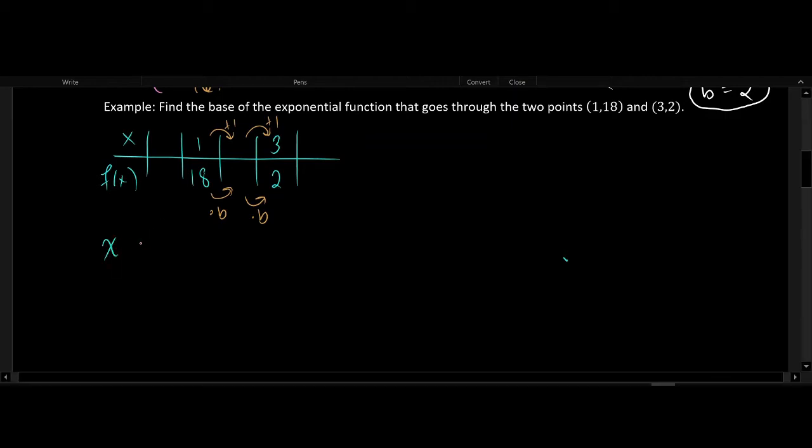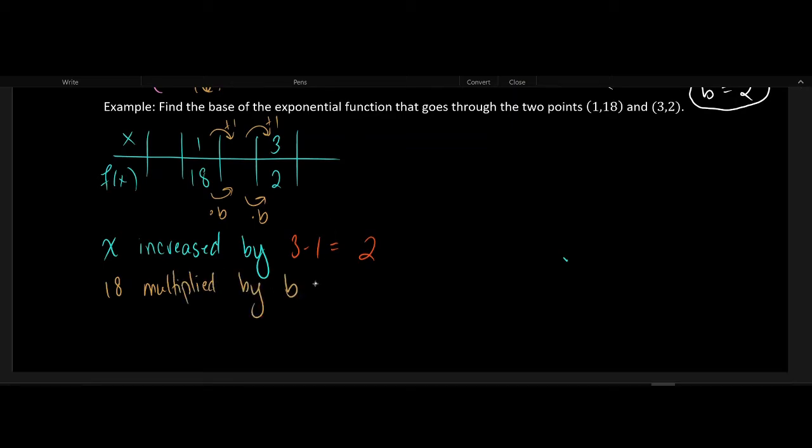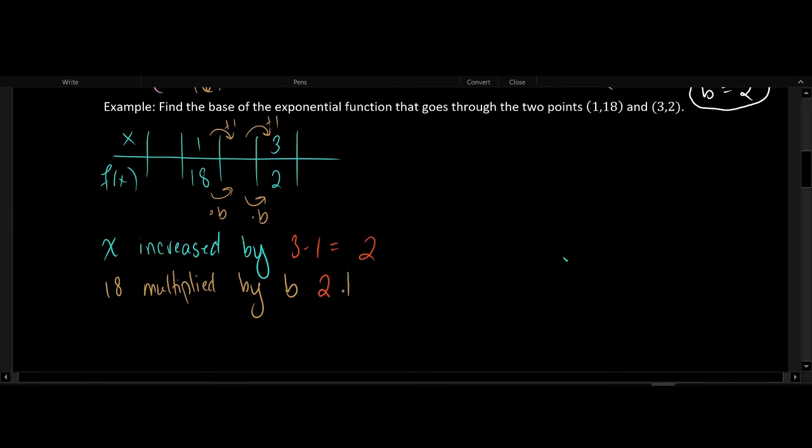So x increased by 3 minus 1 equals 2. 18 multiplied by b, a total of 2 times then, gives you 2, the final y value.